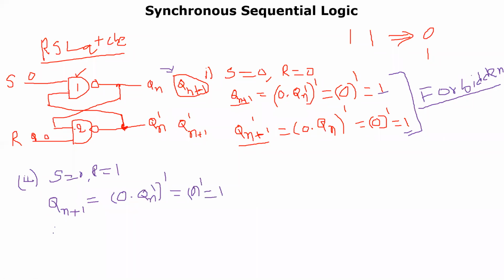Then identify the complementary value Qn plus 1 whole complement. What is the input here? At this moment R has been submitted as 1. So 1 into, and the second input is Qn. So the whole complement would be equal to Qn complement.